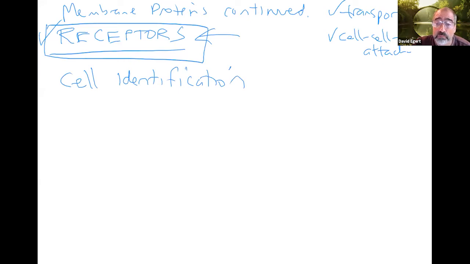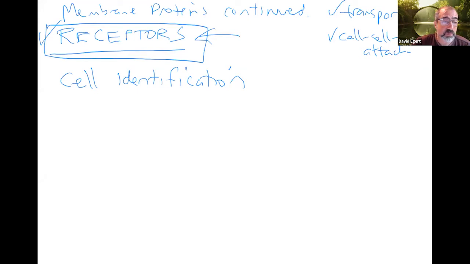It's kind of like the barcode for a cell that belongs to you versus somebody else. So there are membrane proteins that tell your immune system this cell belongs here versus this cell does not belong here. We'll talk much more about how all that works when we get to the immune system. So cell ID, though, is important.